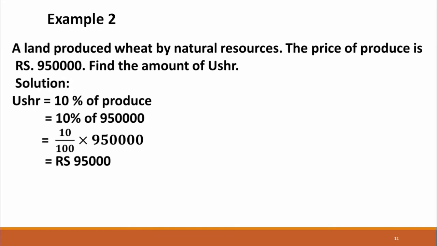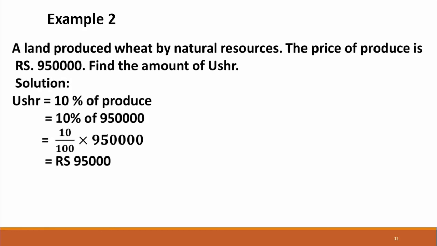Artificial sources mean like a well, and natural sources mean like rain. So if the land is irrigated by natural sources, then the rate of Ushr is 10%. 10% means 10 rupees for 100 rupees. And if the land is irrigated by artificial sources, then the amount of Ushr is 5%. 5% means 5 rupees out of 100 rupees.